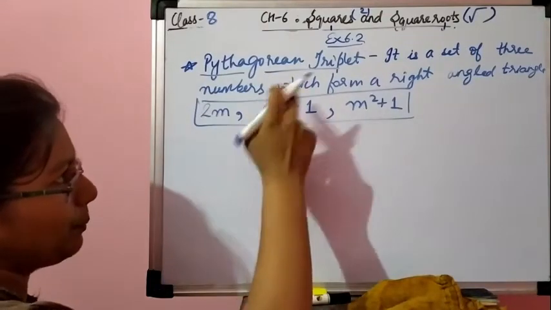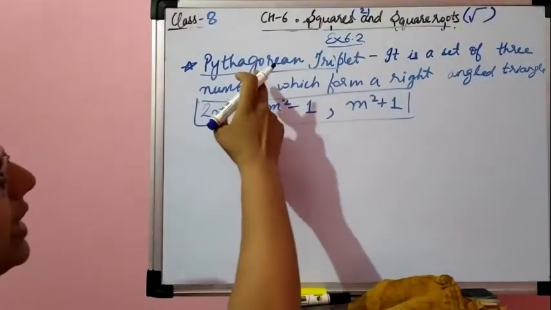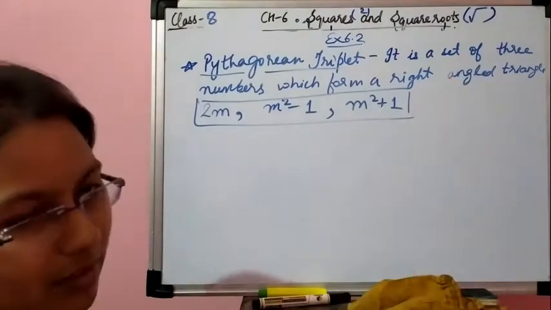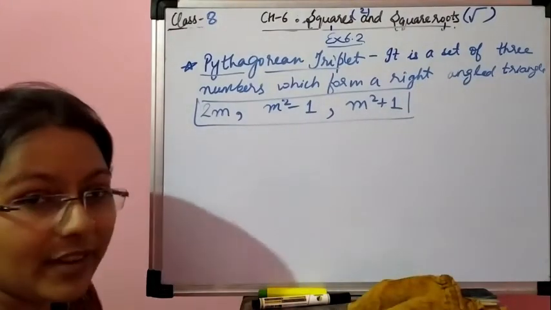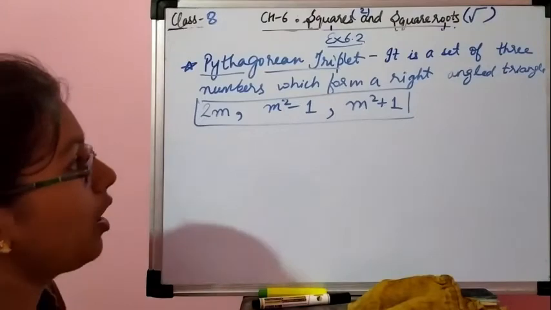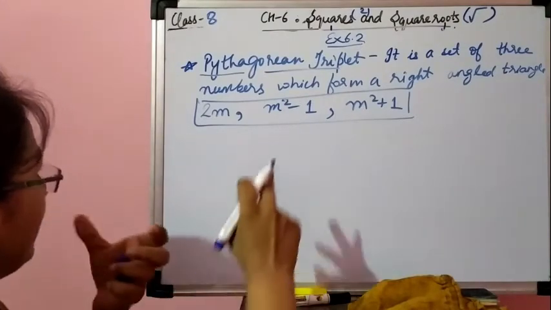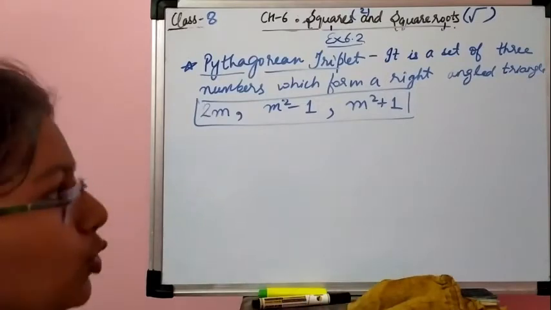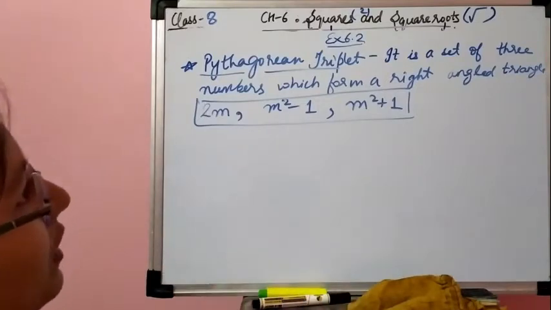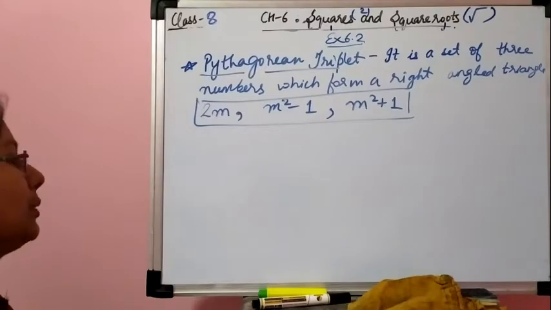That's why they are called Pythagorean triplet. Pythagorean is related to right triangle. Now if any one member of the Pythagorean triplet is known to us, then we can find out the other two members also. We will understand it better if we do some examples.